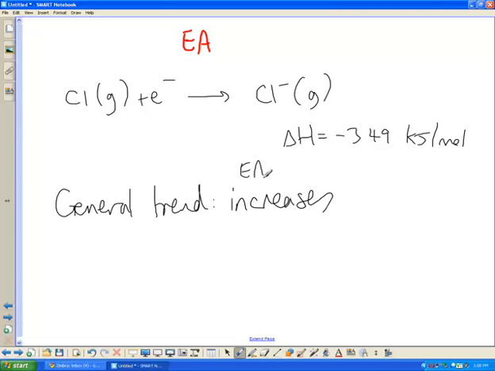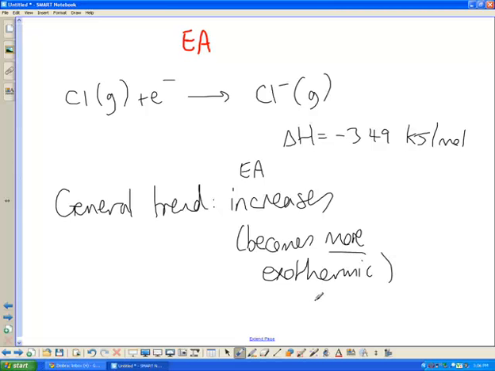So electron affinity increases, or becomes more exothermic, going left to right across the periodic table. And that's only a general trend because there's lots of exceptions.